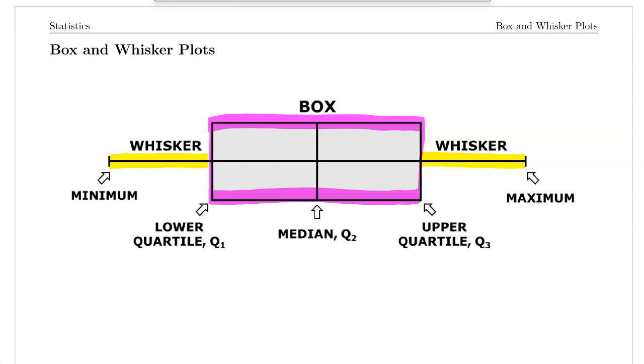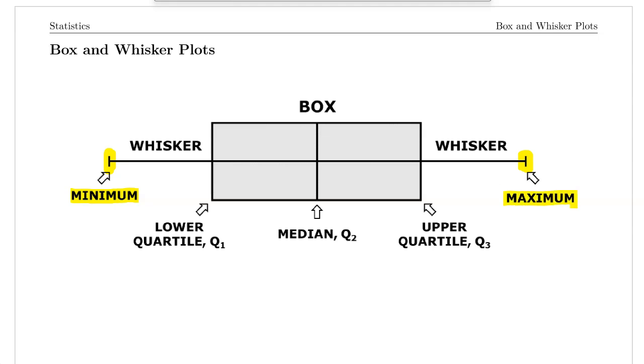So when you see a vertical bar like this that is all the way to the left of your image, that value represents the minimum or the smallest value in your data set. And then when you see this vertical line all the way to the right, that represents the maximum or the largest or highest value in your data set.